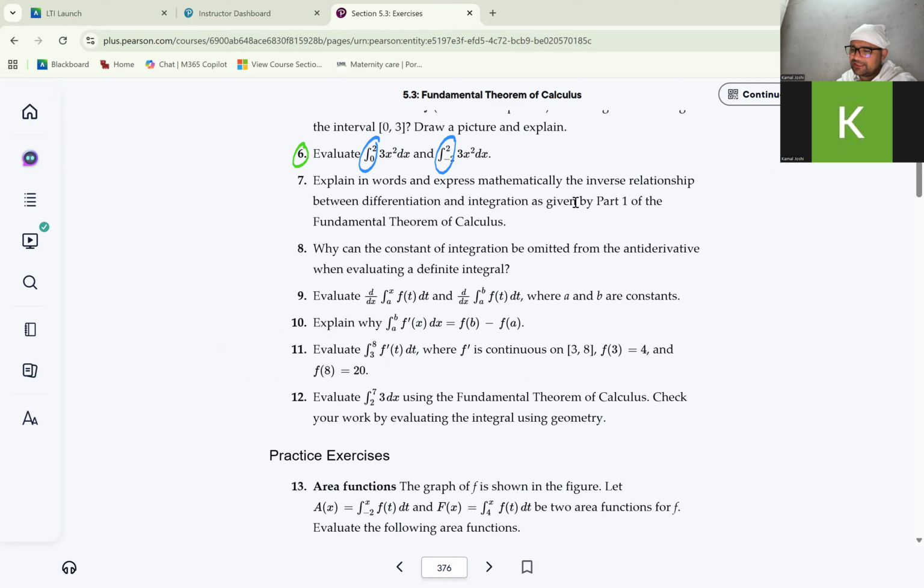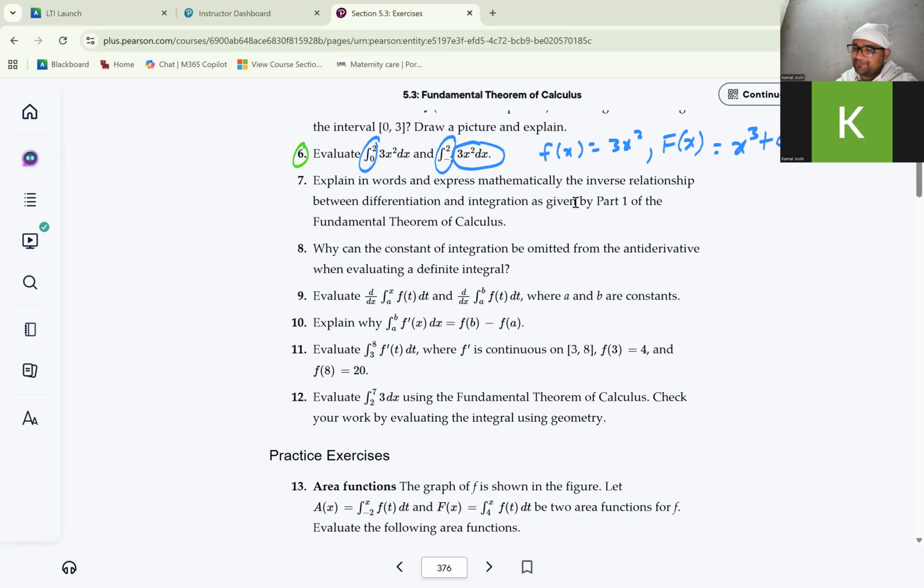Firstly, you will notice that the function you are integrating here is 3x squared. If f of x is 3x squared, then the antiderivative of it should be x cubed. The derivative of x cubed is 3x squared, so x cubed plus c is the antiderivative function.